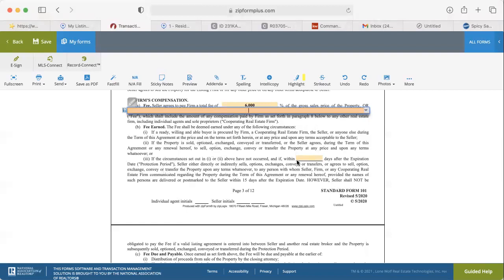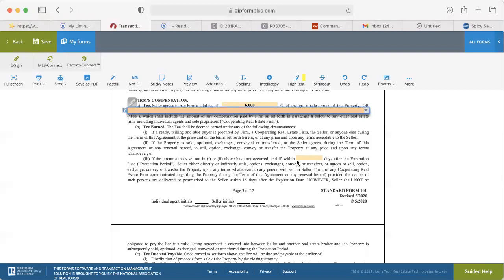Number 3 talks about, let's say a person comes and looks at the property 5 days before the expiration date. And the property expires, and then that person decides they're going to come back and make an offer.